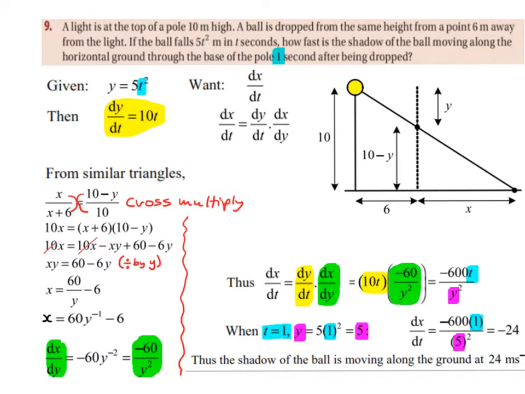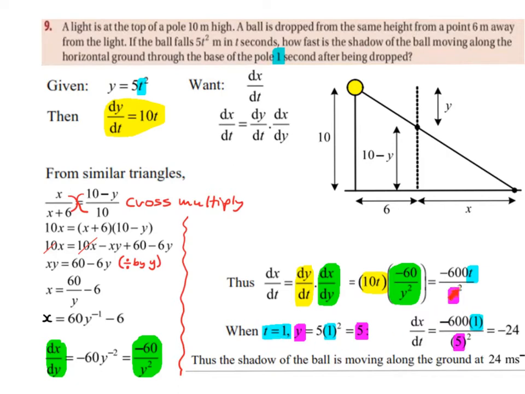So we swap that t for 1 with brackets. And y we know is equal to 5t squared. We stated that at the very start. If we swap that t for 1, we get 5 times 1 squared, which gives us 5. So y is equal to 5 when t is equal to 1.